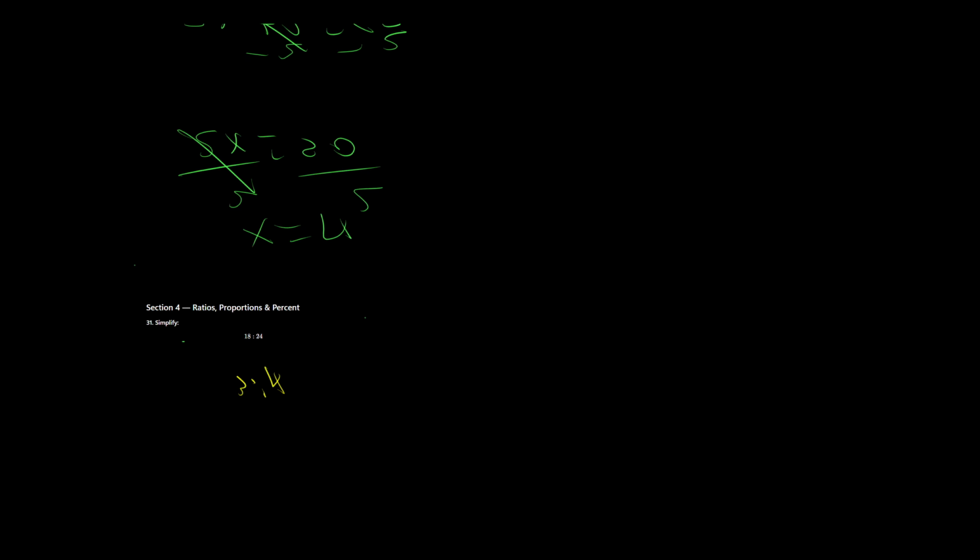Then we have this, and then we can just simplify 6/12 into 1/2 since 6 is half of 12. Or you can divide this by 6 and this by 6. It's equal to 1/2.